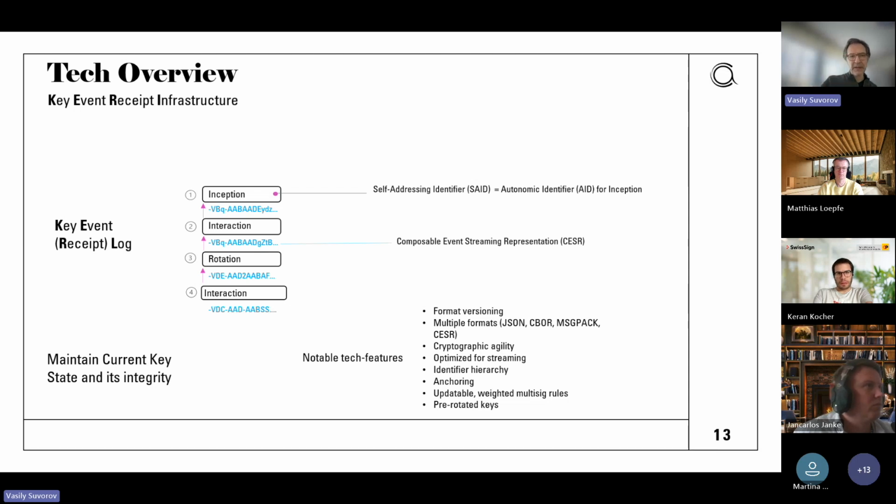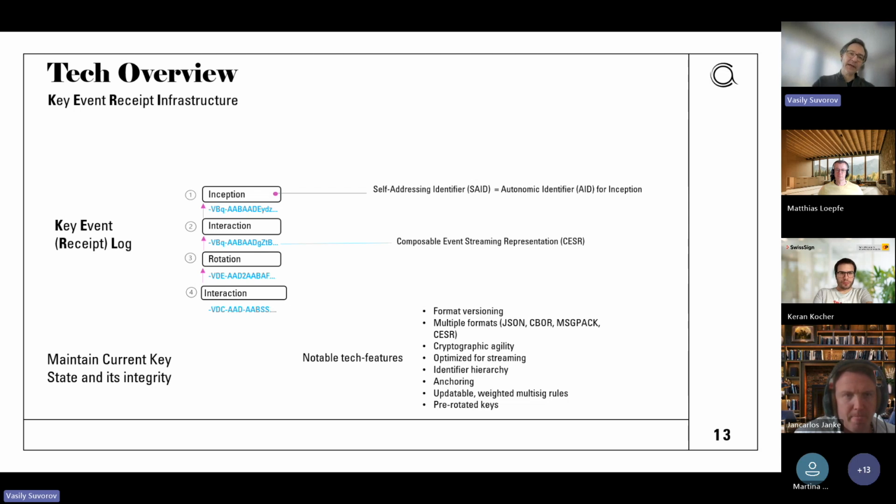The events are typed. The key building block of both the key events and the data exchange is something called a self-addressing identifier, or SAID, which is the same as an autonomic identifier, or AID, for inception events. So you start with the inception event. We'll take a look at what it looks like.